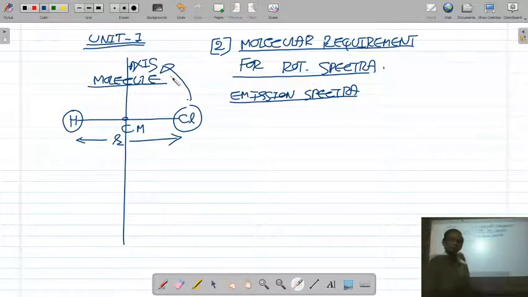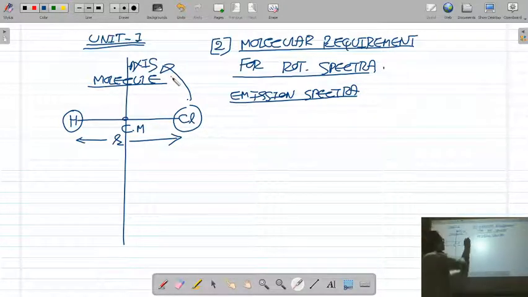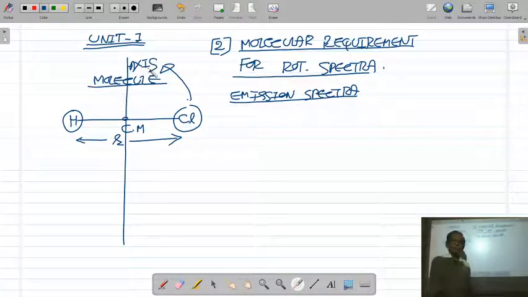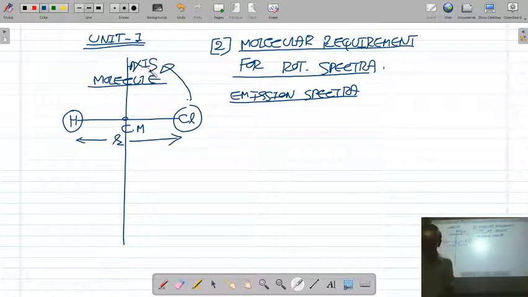The dipole moment of the molecule must change in order to get the rotational spectra. A rotating molecule can emit radiation only if a changing dipole moment is associated with it. So homonuclear molecules are not giving the rotational spectra, only heteronuclear molecules will.